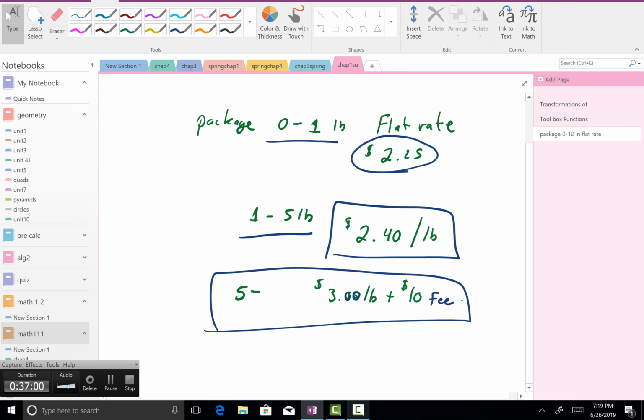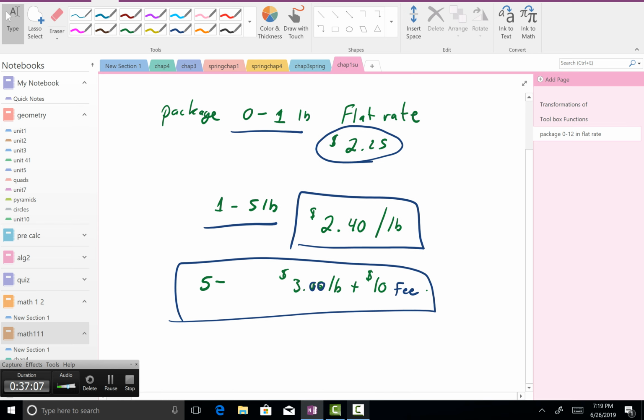What do we got? 2.25x as the function. Sorry, 2.25. And that's 0 less than or equal to x, x less than or equal to 1.